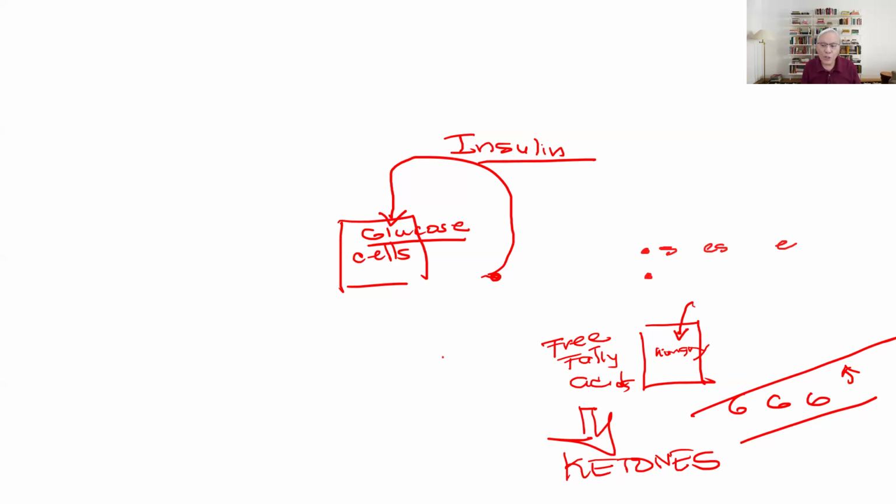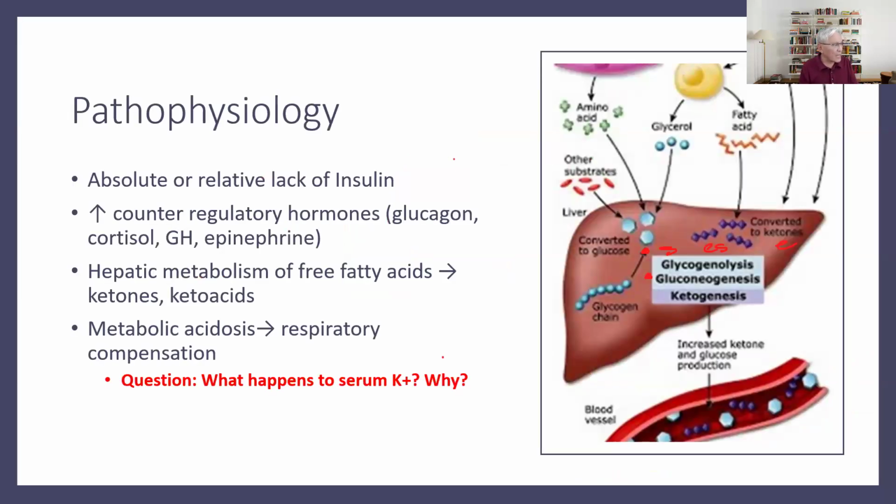And this is going to utilize fat, and the utilization of fat as an alternative energy source results in accumulation of acids and their metabolites, namely, or most importantly, ketones and keto acids. So that basically is the result of not having enough insulin.